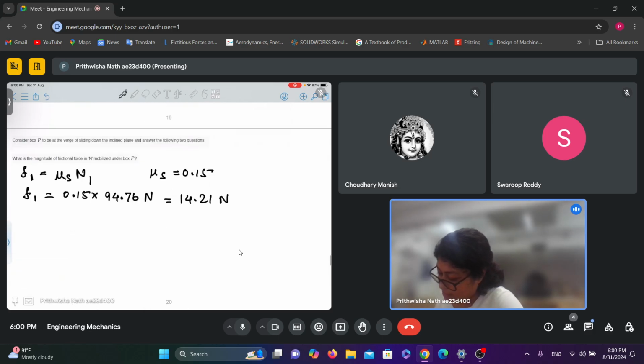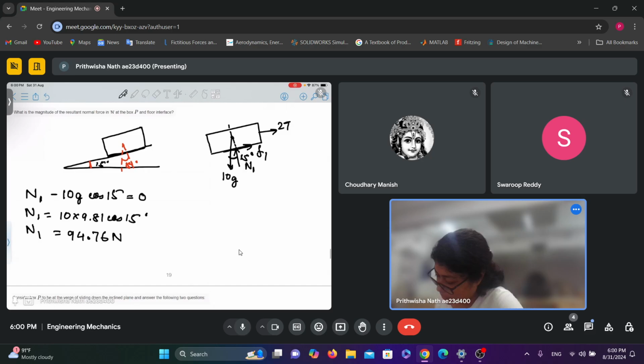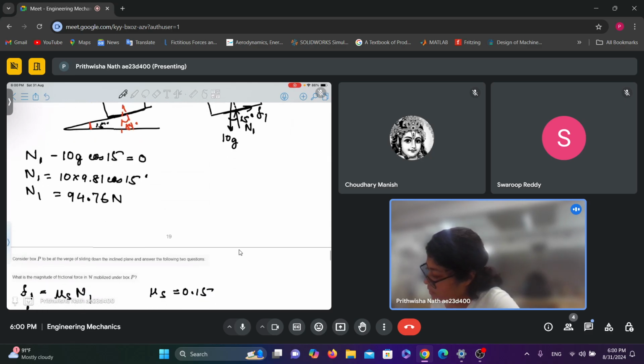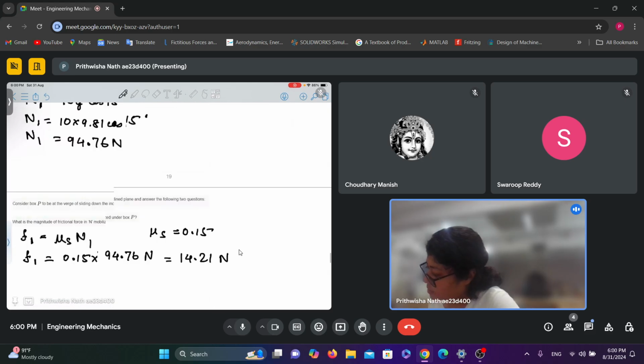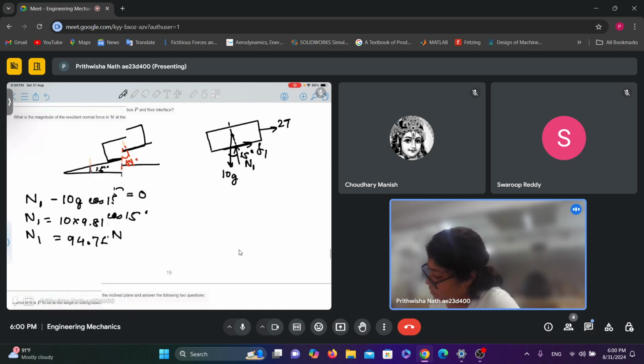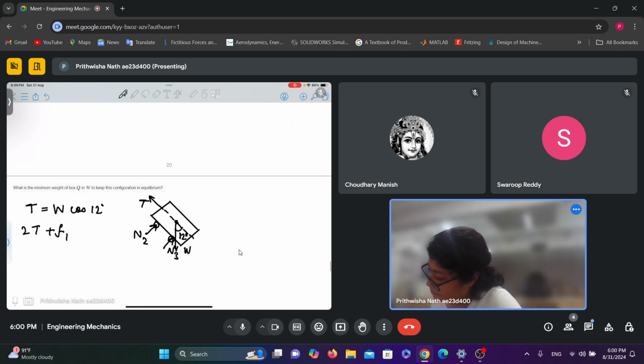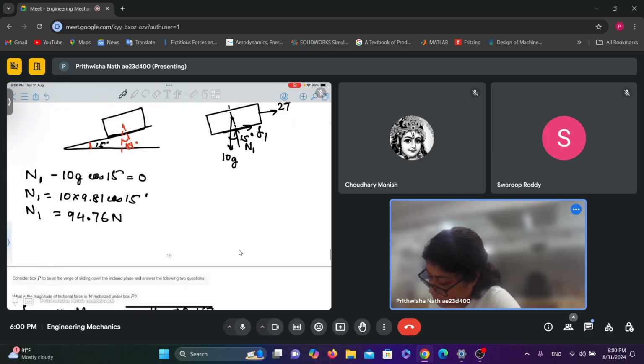And from the previous free body diagram, writing the force equilibrium along the inclined plane, we can write this as minus 2T plus F1 minus 10g sine of 15 degree.